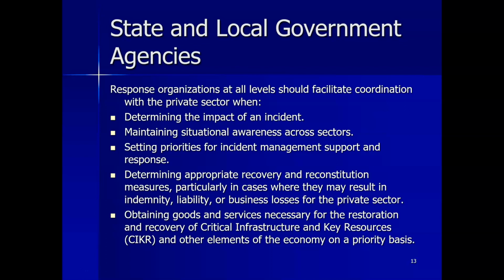Then determining appropriate recovery and reconstitution measures, particularly in cases where they may result in liability or indemnity, business losses for the private sector. And finally, obtaining goods and services necessary for the recovery and restoration of critical infrastructure and key resources, or the acronym CIKR, and other elements of the economy on a priority basis.